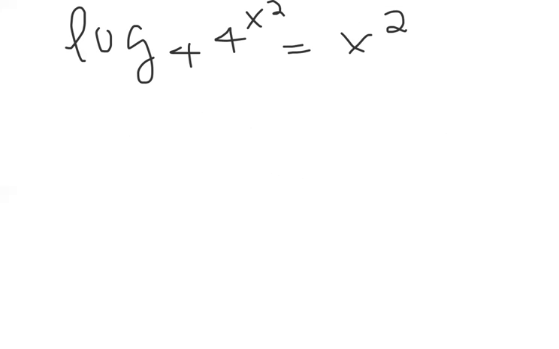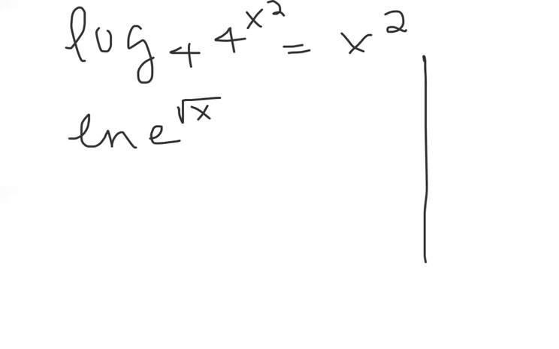All right, guys. So here's the last one I want to mention. Natural log of e to the square root of x. You will encounter these problems where you have to deal with the roots, the radicals. Earlier, I mentioned that the square root is the same thing as the half power.